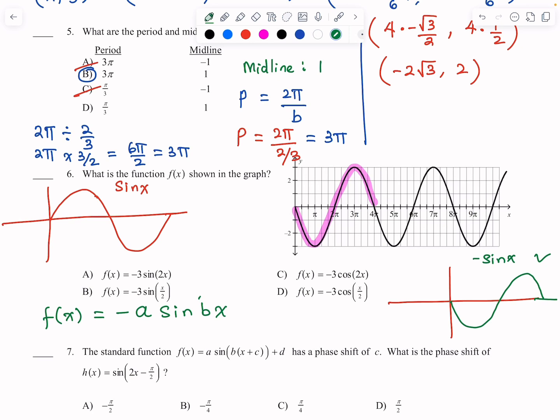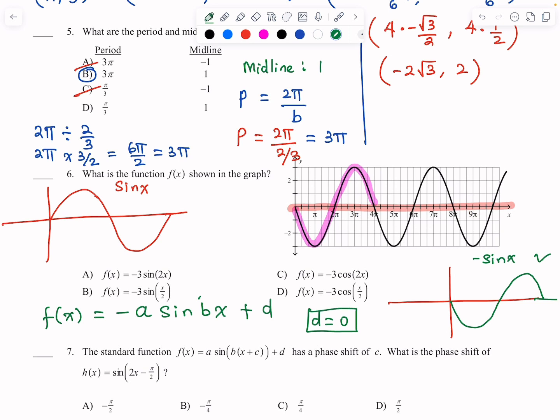So I should have something like this, plus, let's say d, because my midline will be equal to 0, right? So in this case, what is my midline? My midline is just this right here. This is my midline. So my midline is 0. So because my midline is 0, it means that d will be equal to 0. So my d is equal to 0.